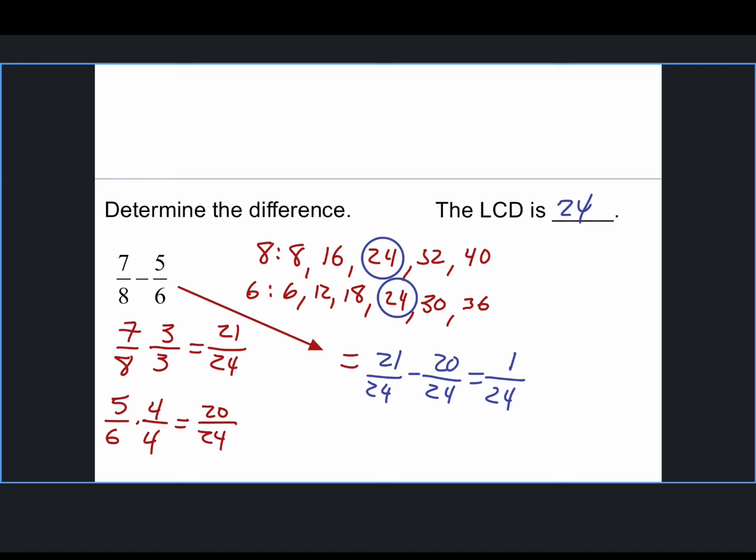The crux of everything is that we can add or subtract fractions when we have what? When they have a common denominator. When it's the same, we can just add or subtract those numerators. In the event that they're not the same, we have to multiply by some number for each one that makes the denominators the least common multiple of both denominators, or the least common denominator.